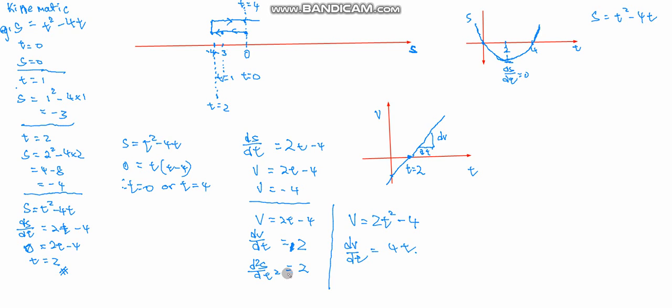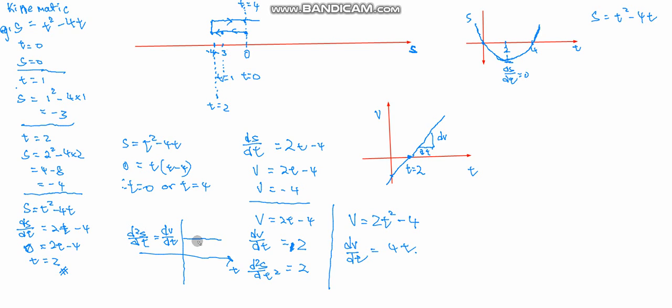If you plot this one, the acceleration will be a horizontal line. This is t, then your acceleration will be constant, dv/dt.